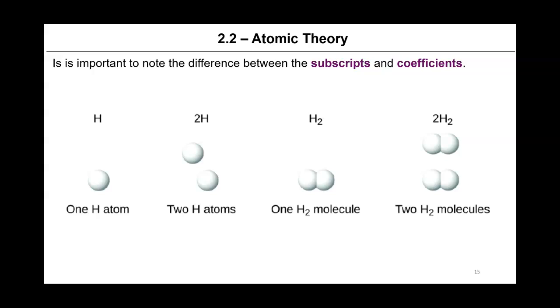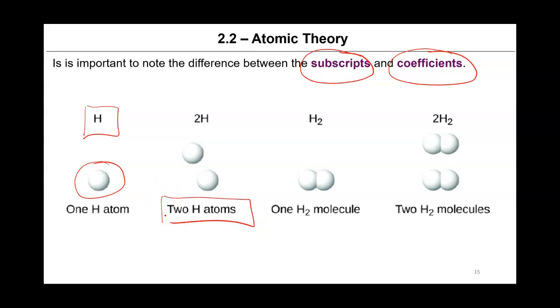So we're getting to the point where we need to distinguish between what we call formula subscripts and formula coefficients. If I have 1 hydrogen atom, I can just indicate that by writing an uppercase H. If I have 2 hydrogen atoms not chemically bound to one another, I would modify how I indicate that by adding the coefficient 2 before the symbol for a hydrogen atom.